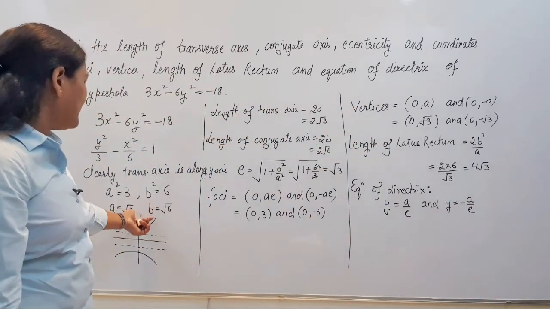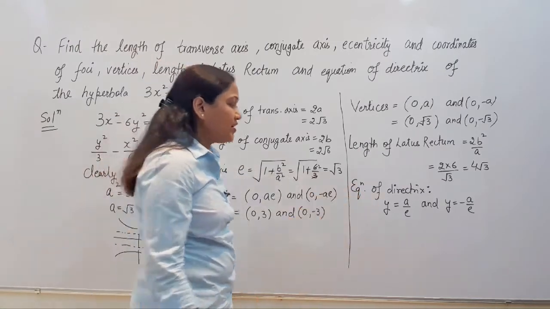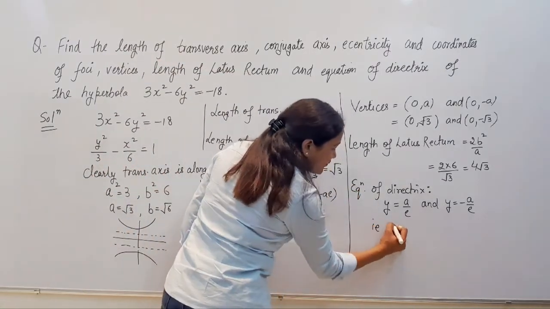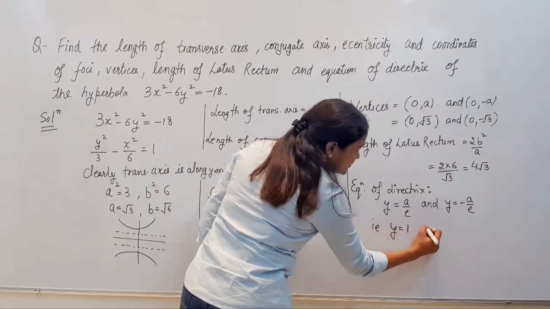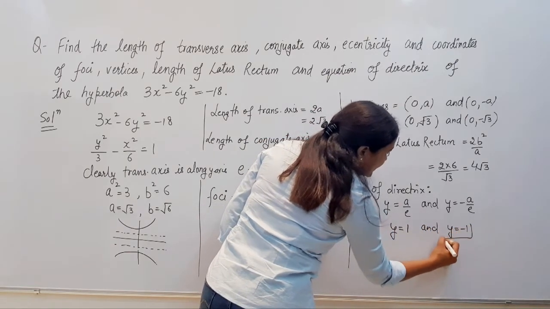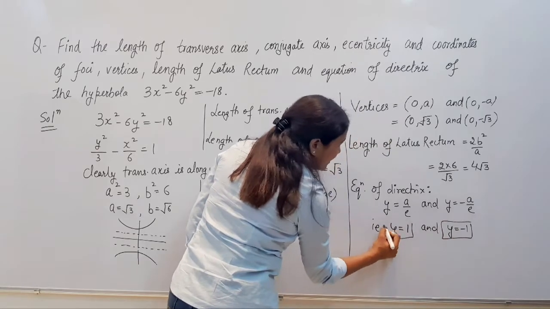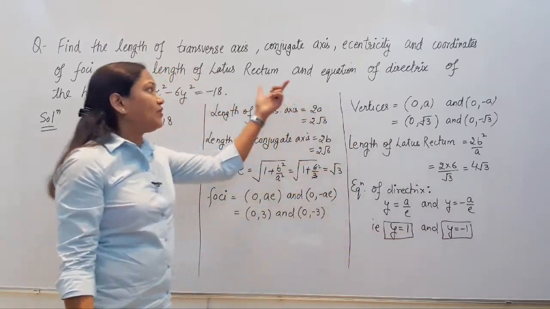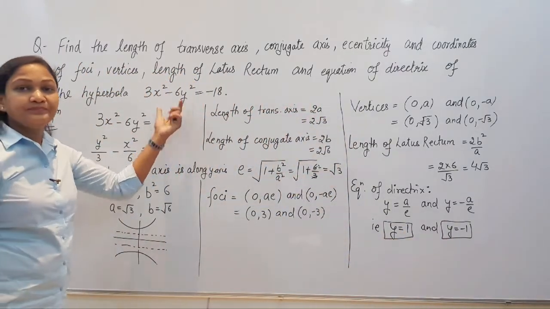A is root 3 and e is root 3. So your equation of directrix is y is equal to 1 and y is equal to minus 1. These two lines are the directrix of your hyperbola.